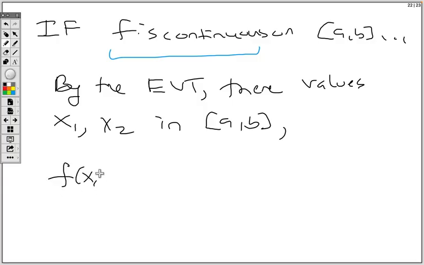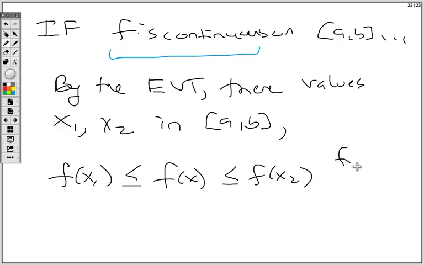So I'll write f of x1 is less than or equal to f of x, and f of x2 is the maximum. Okay, so we can think of this as the minimum value, which is a number, and this is the maximum value, which is a number.